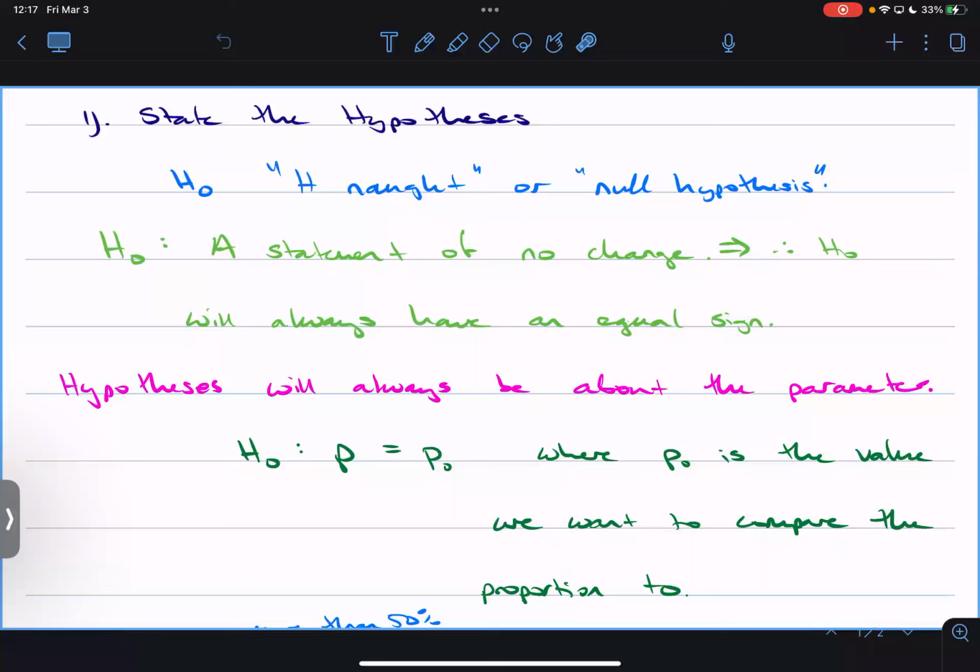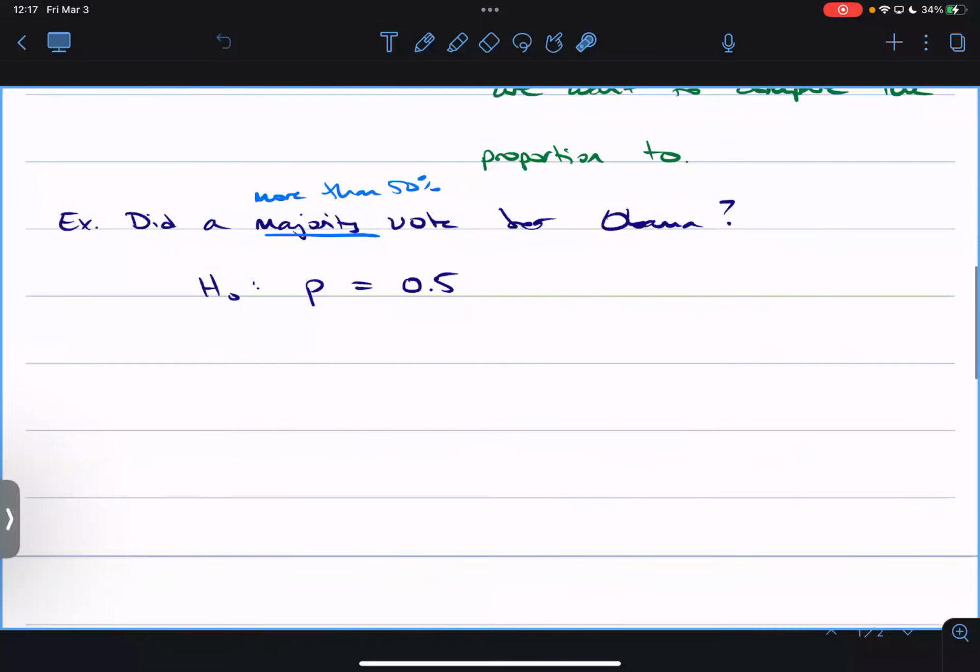But the problem is we can't prove that two things are significantly different unless we first assume that they are the same. And so that's where the null hypothesis comes in, where it's a statement of no change. So you have to assume that there's no difference until you have enough evidence to say that, yeah, there is a difference. And so that's where the alternative hypothesis comes in.